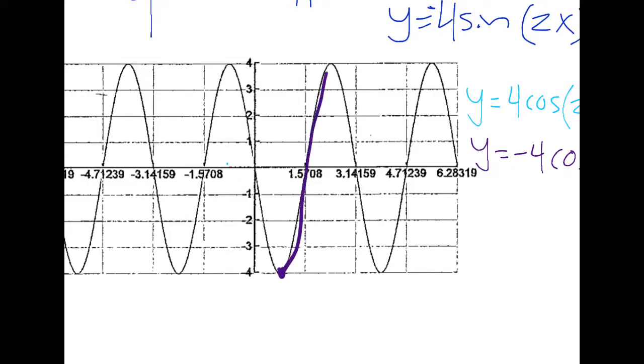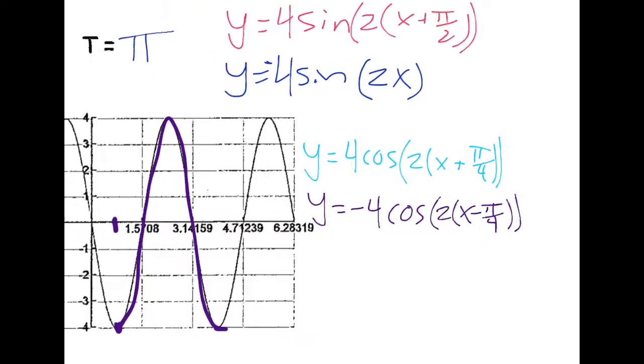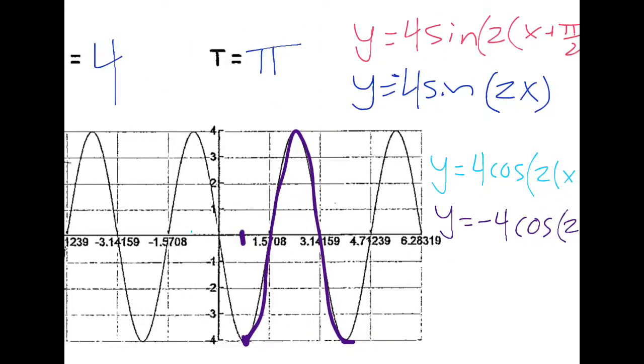And then that's going to go up and come back down. There's a full cycle. So this one now has been shifted to the right by pi over 4. So all I need to do is say minus pi over 4, just like that. And I'm totally done. Look at all these different options, different ways of writing the same exact thing.